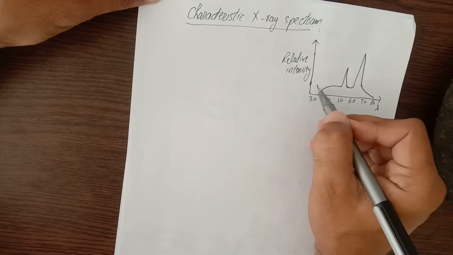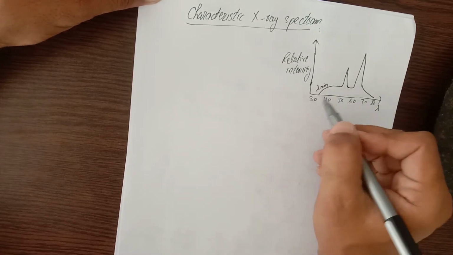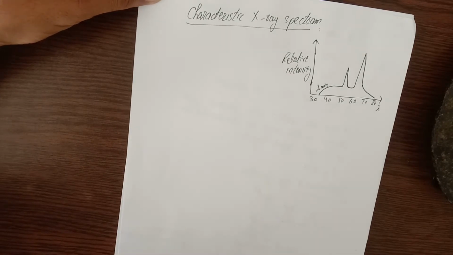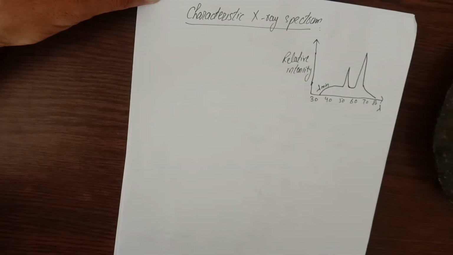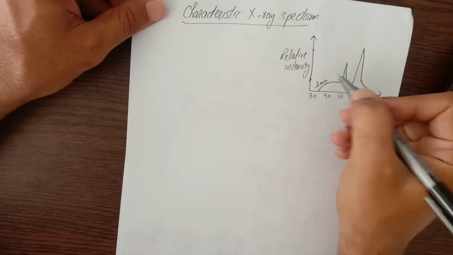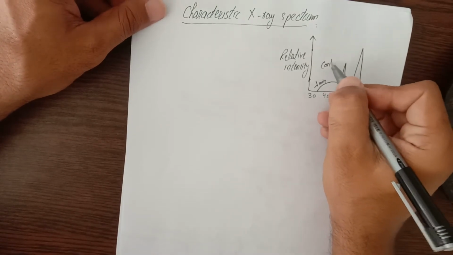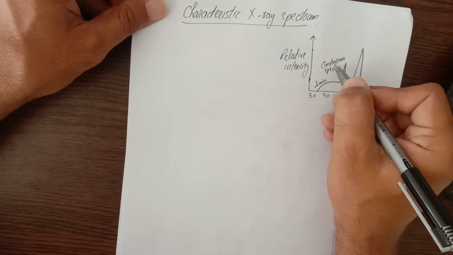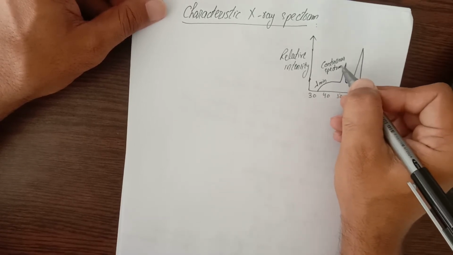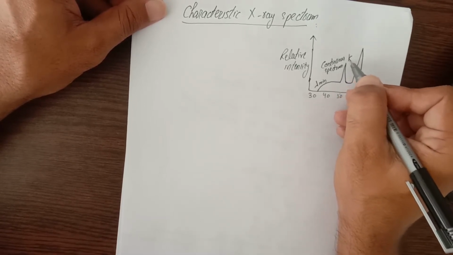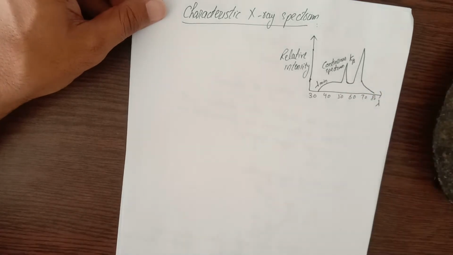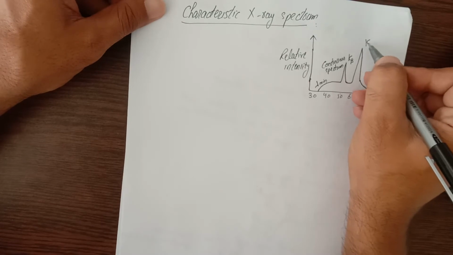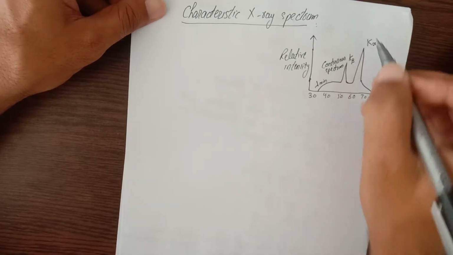This point would be our lambda minimum. This is a continuous spectrum, and these are known as K beta lines, and the larger peak is known as the K alpha line.